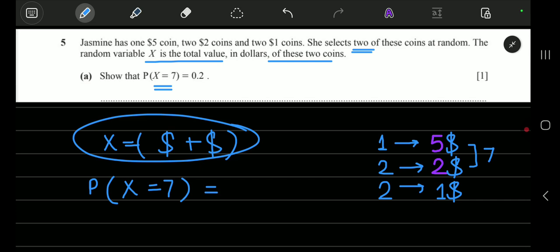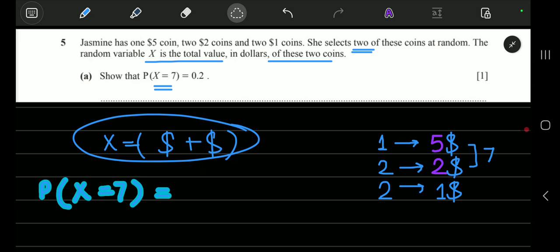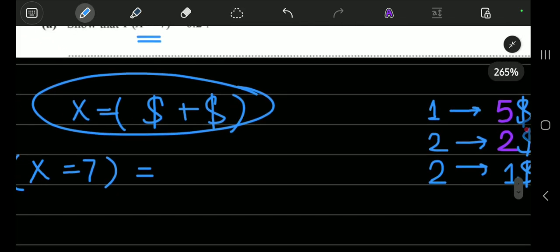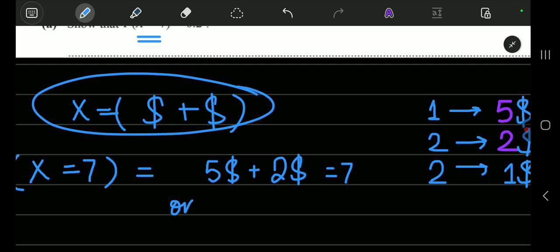Either the first coin is $5 and the second is $2, or the first is $2 and the second is $5. Written out, $5 plus $2 gives you 7, or first $2 and second $5, which also adds up to $7.